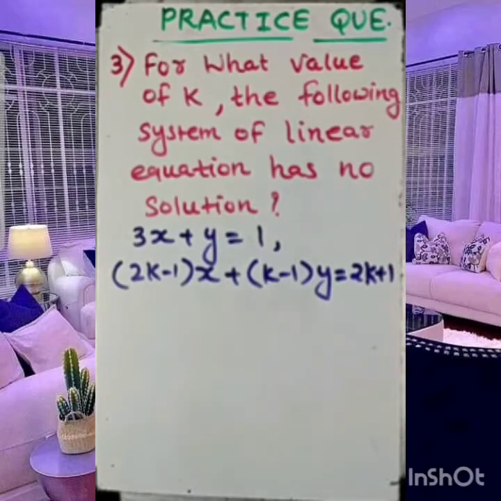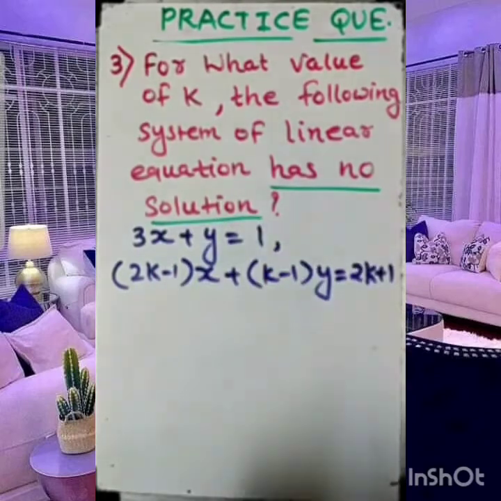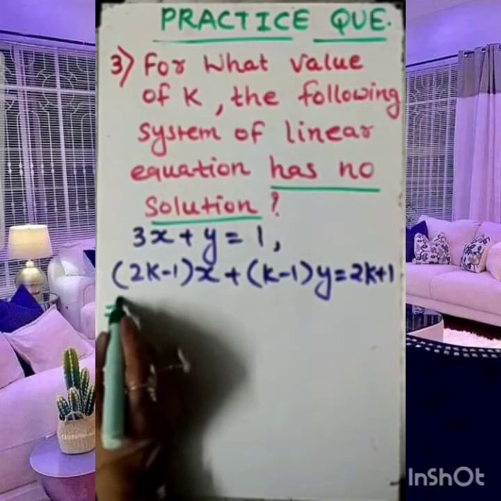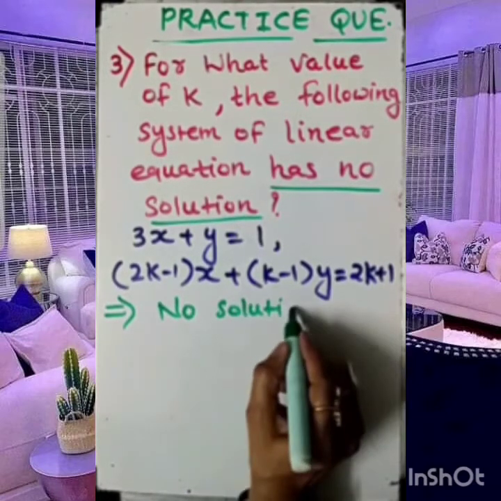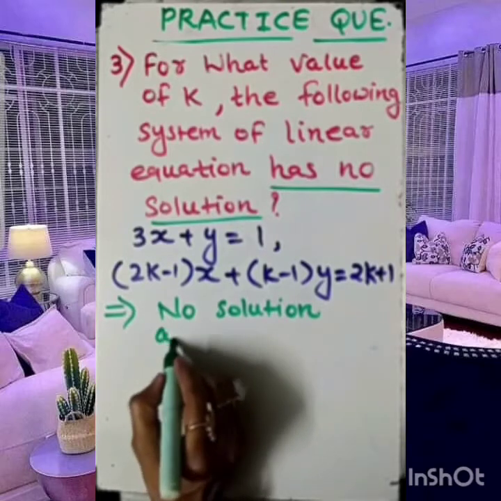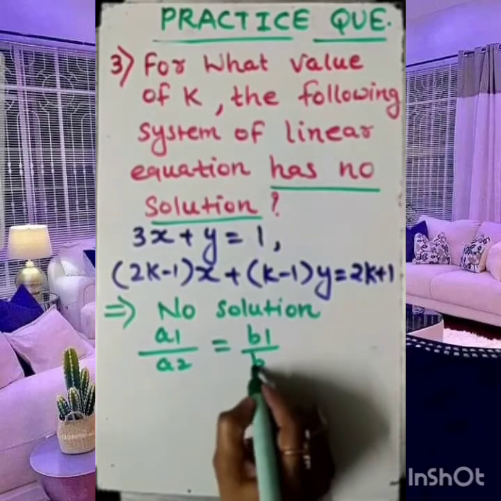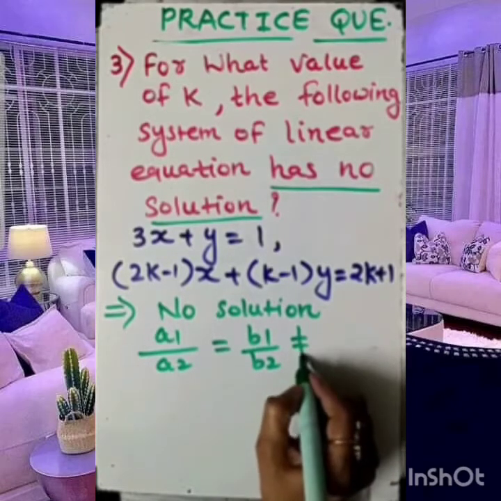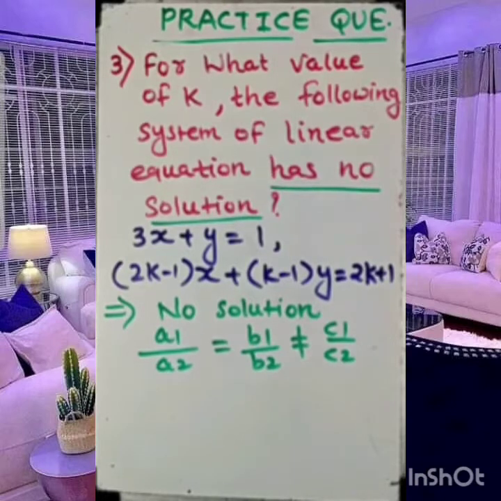First, let's start with the meaning of no solution. No solution gives the condition that a1 by a2 equals b1 by b2 not equal to c1 by c2. It indicates parallel lines, because no intersecting means parallel.